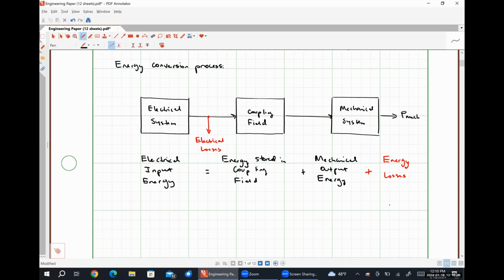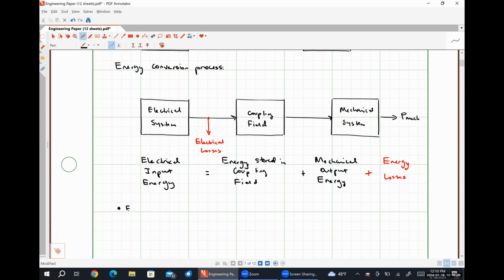Electrical losses are the I squared R losses or heat losses due to current flowing in the windings of the energy converter.